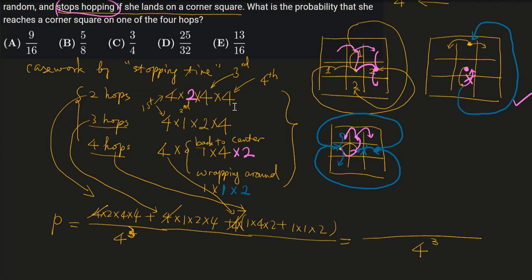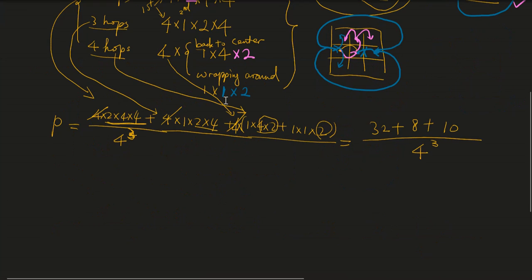as the denominator, and the numerator is 2 times 16, that's 32, plus 2 times 4, that's 8, plus 4 times 2, that's 8, that's 2, 8 plus 2, that's 10. So we have a 10. Then we have 32 plus 8, that's 40, 50. So we have 50 over 4 cubed.